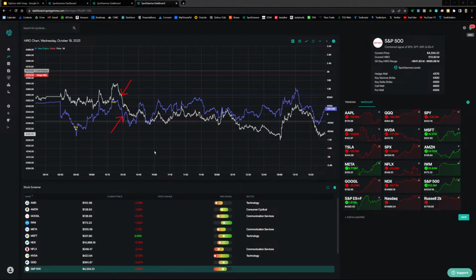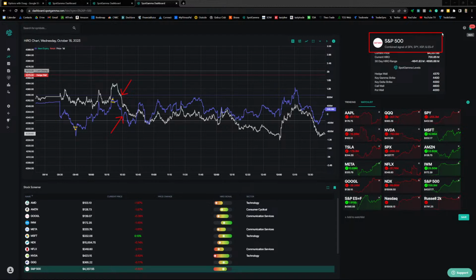So everything that we've looked at so far is static information that changes once daily, updated with the open interest changes. That information is updated once daily. This is real time. Again, this is showing hedging impact, so it's showing options trades and market maker hedging activity for a combined signal for SPX, SPY, XSP, and ES futures, all into one combined signal.